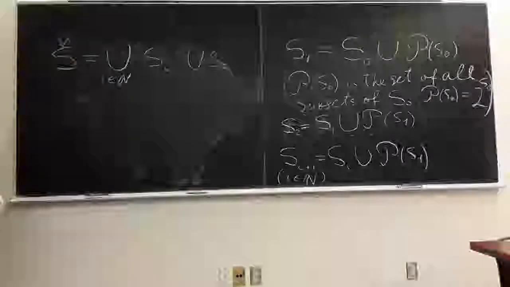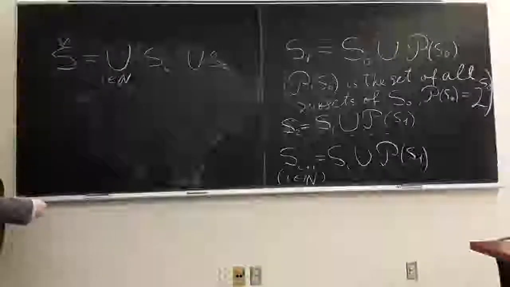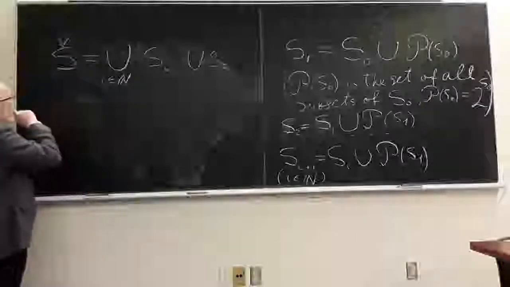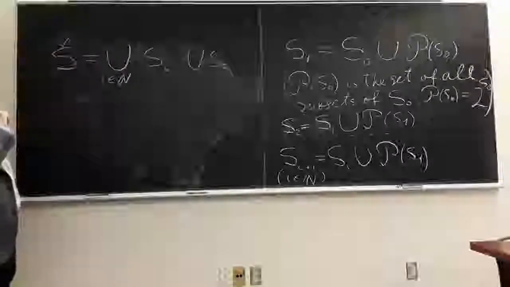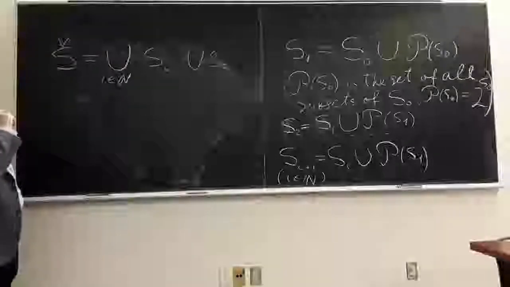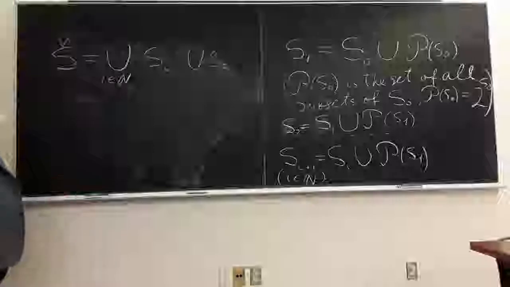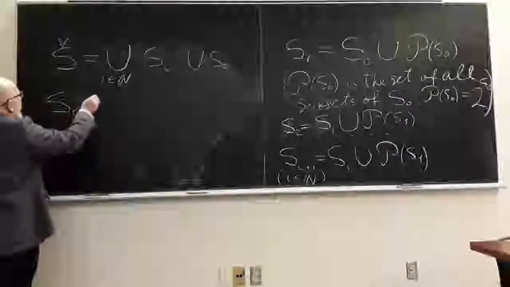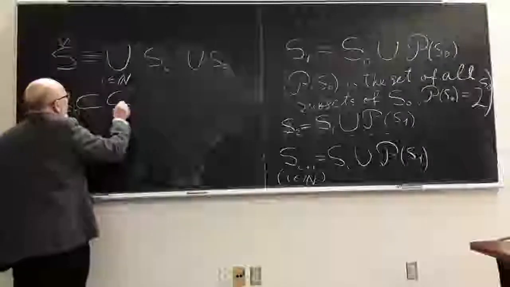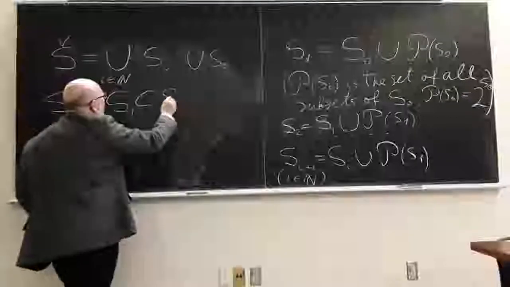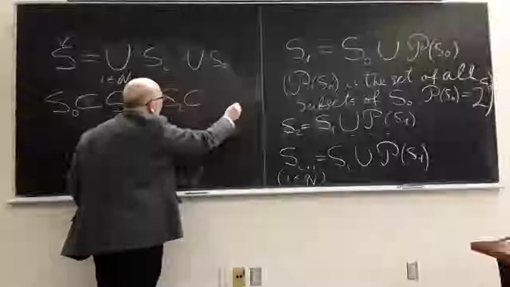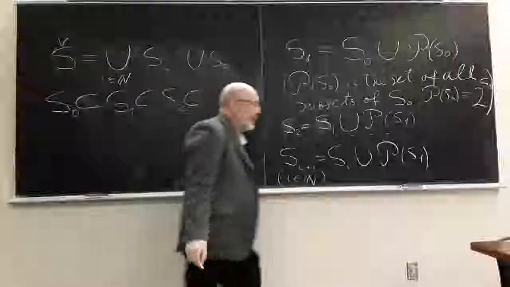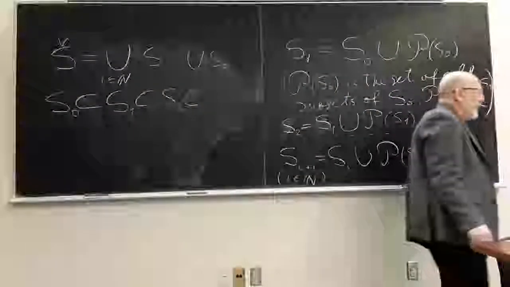Let us build it step by step. Suppose we have two elements of this superstructure. Here this superstructure has the following obvious property, that S0 is a subset of S1. So it is a growing sequence of sets by definition.